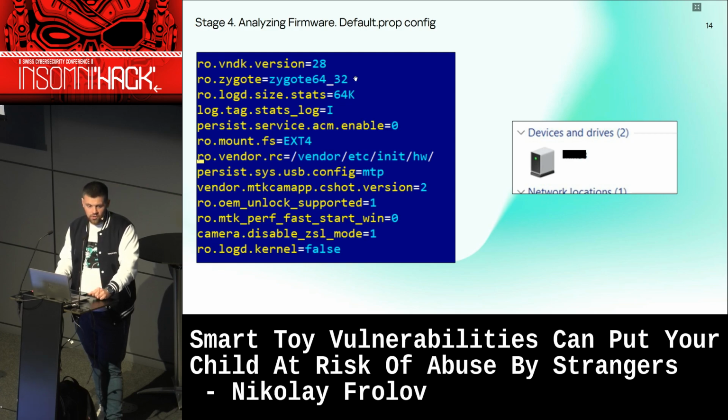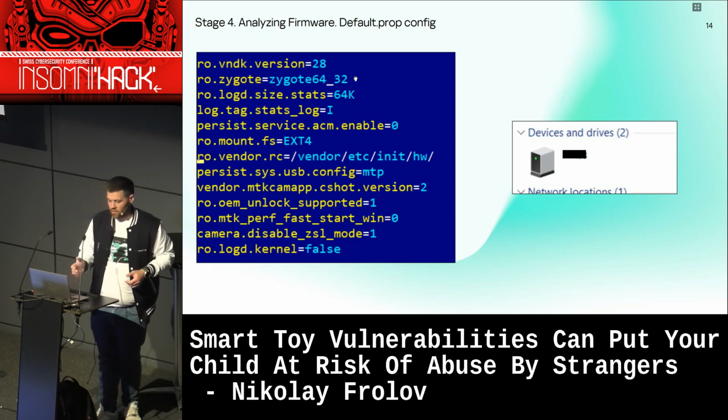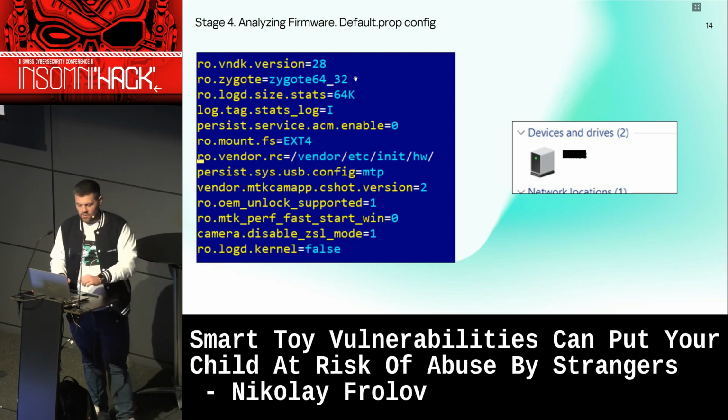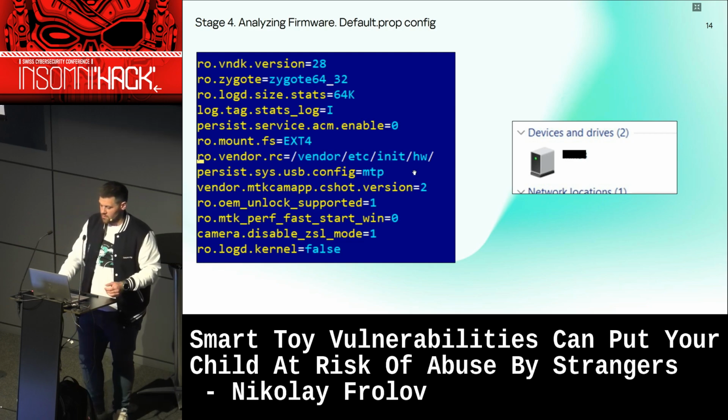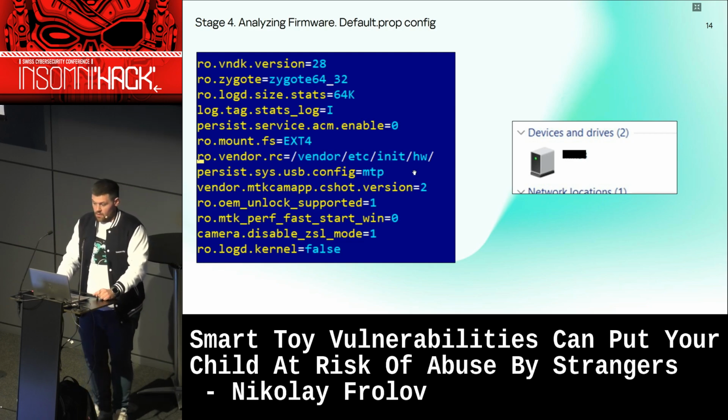When the launcher starts, it uses these settings, the default properties, and as you can see, persist system USB config is just MTP, the media transfer protocol, and no ADB here.